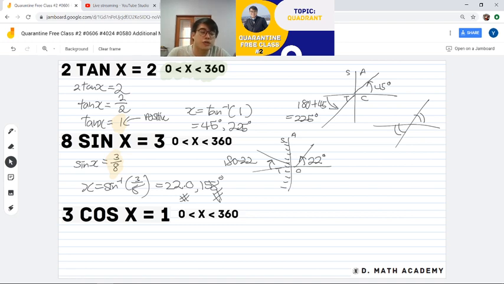So I want you to try this third question over here and see whether you can get the answer same as mine. My answer that I got here will be 70.5 degrees and 289.5 degrees. So let's try, see whether you can get the answer.